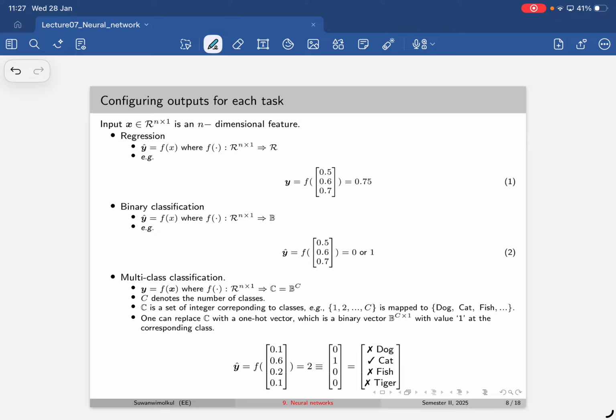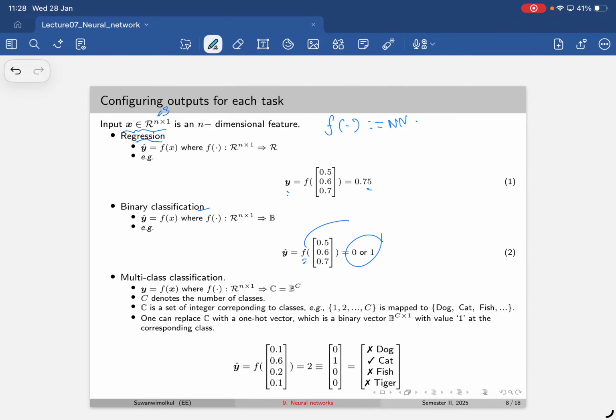For example, if we have an input feature of dimension R^n, and we feed this feature, let's say n equals 3 in this example, if we are using our neural network for a regression task, whatever the input is, and let's say f is our neural network, the regression task needs to provide an output that is a scalar value. If it's a classification, then the output from this neural network can only be 0 or 1.